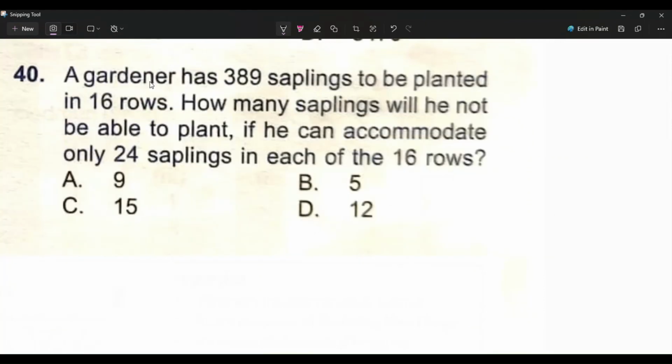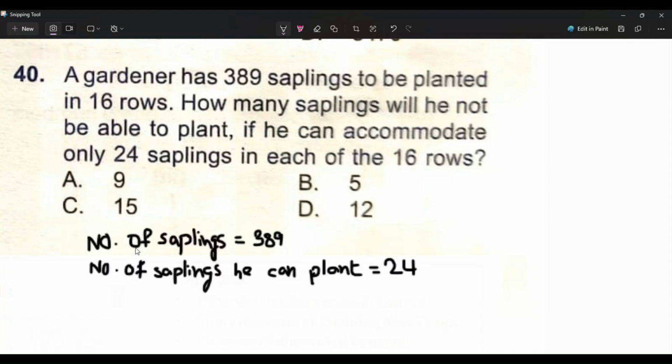40th question. A gardener has 389 saplings to be planted in 16 rows. How many saplings will he not be able to plant if he can accommodate only 24 saplings in each of the 16 rows? So for each row he can plant 24 saplings. Number of saplings a gardener has is equal to 389.